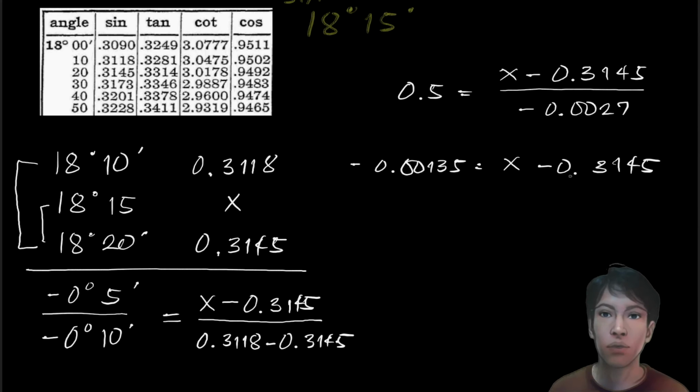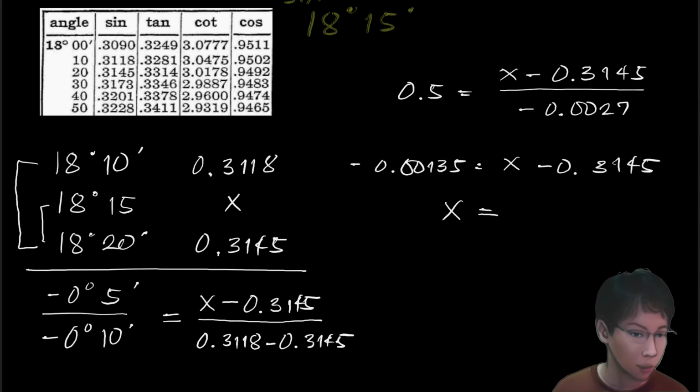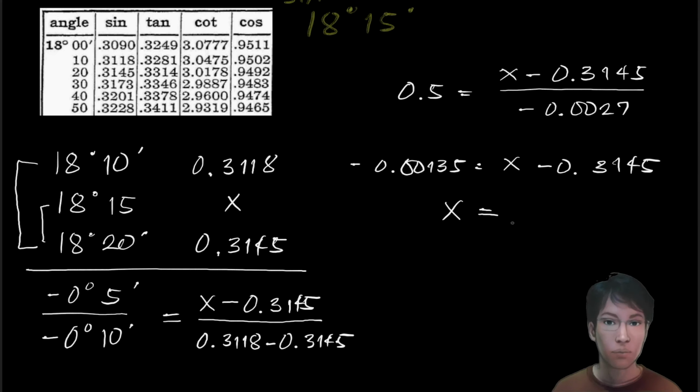Adding both sides of the equation by 0.3145, solving for x gives us 0.31315.